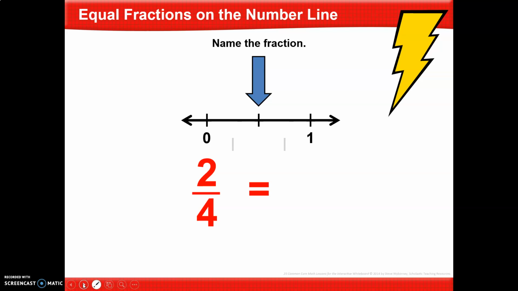Equals 2. Now we're going to take some of those away, and now you only have 1, 2 spaces, which gives you 1 on top, so 1/2. So 2/4 equals 1/2.